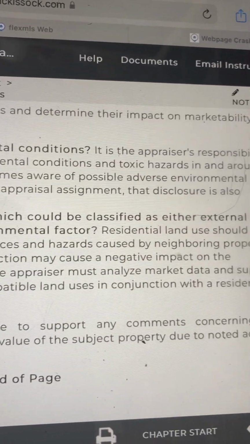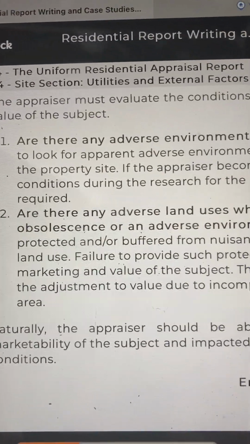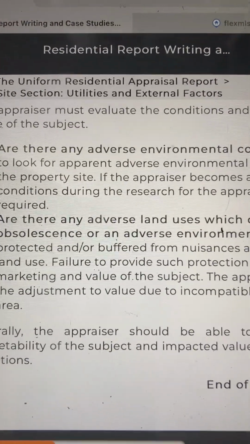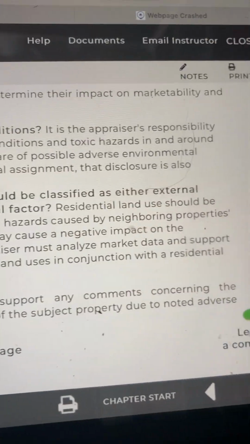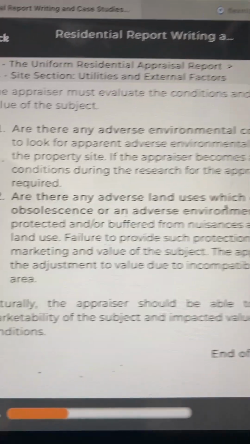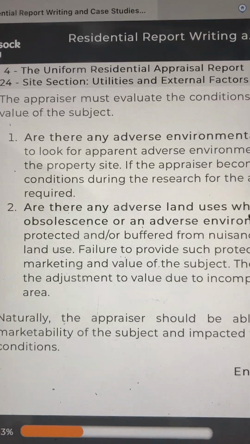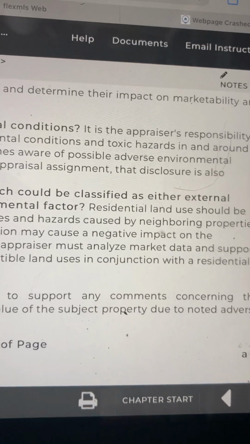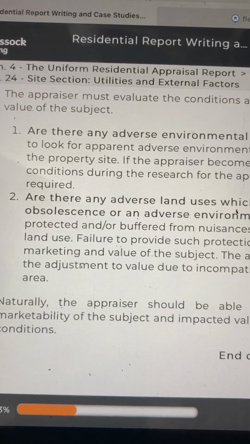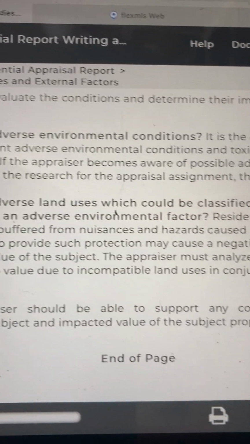Residential land use should be protected and/or buffered from nuisances and hazards caused by neighboring properties, land use. Failure to provide such protection may cause a negative impact on the marketing and value of the subject.